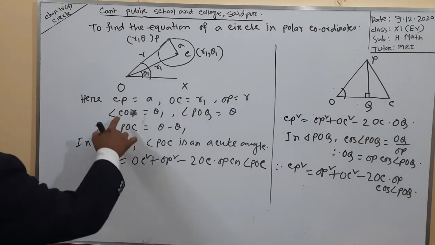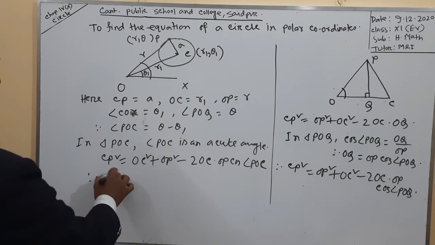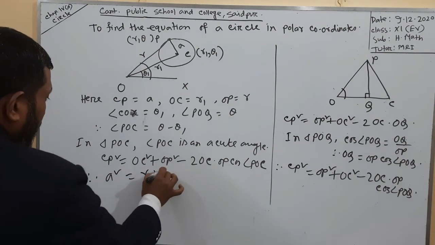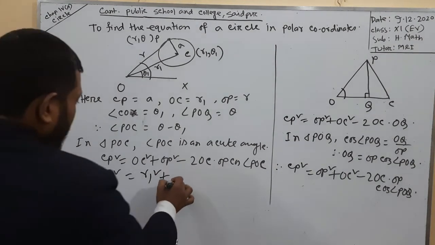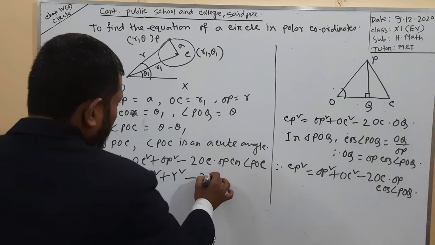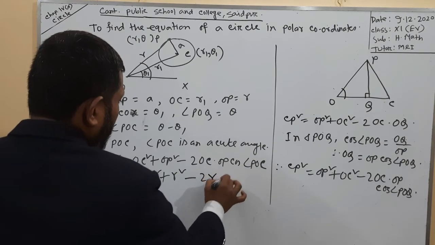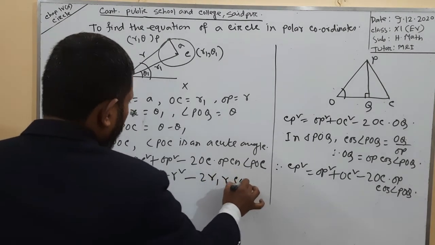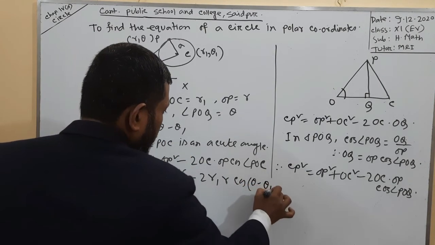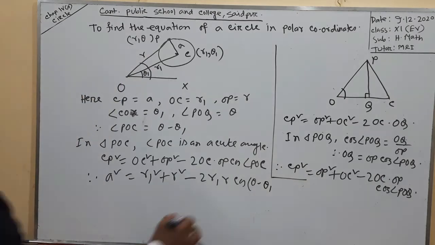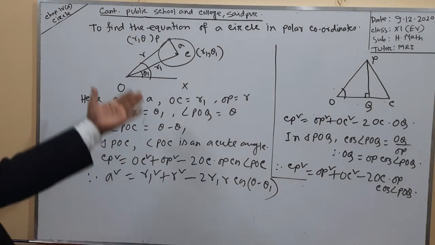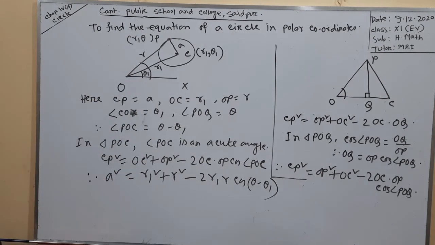Therefore, since CP is equal to A, this will be A square equals r1 square plus r square minus 2 r1 r cos (theta minus theta 1). This is the required equation of the circle in polar coordinates.